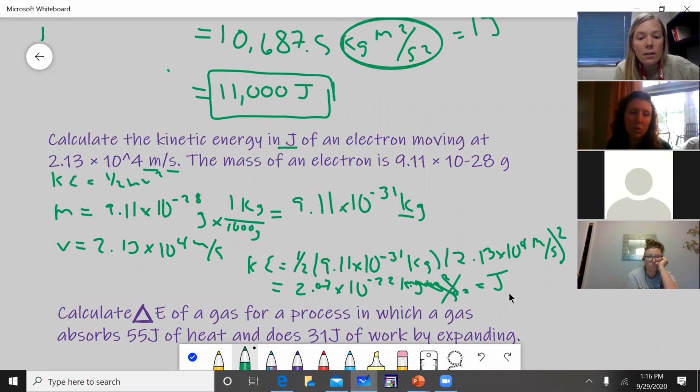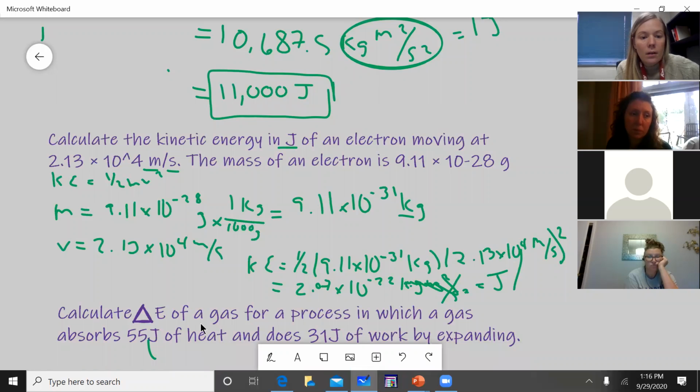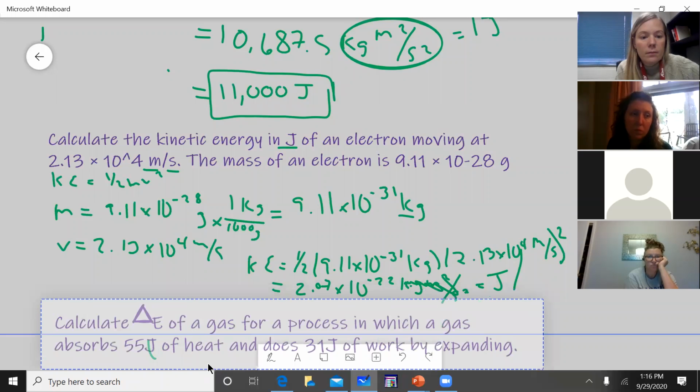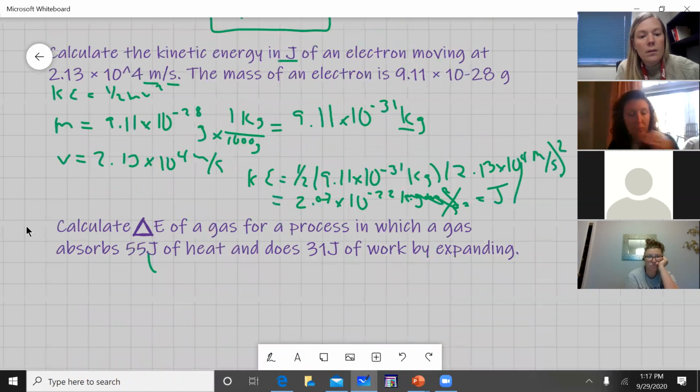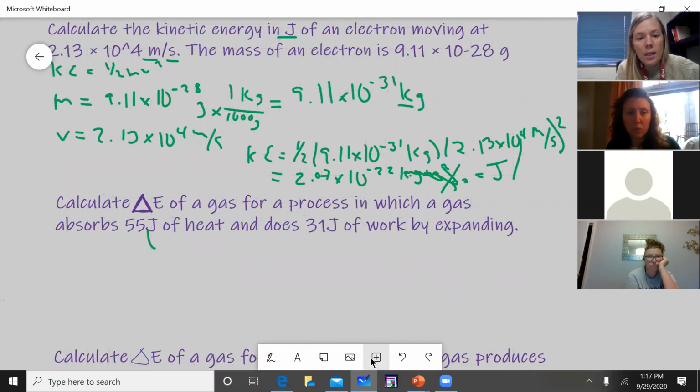So if we go down, let's do this one right here. It says, calculate the change in energy of a gas for a process in which a gas absorbs 55 joules of heat and does 31 joules of work by expanding.